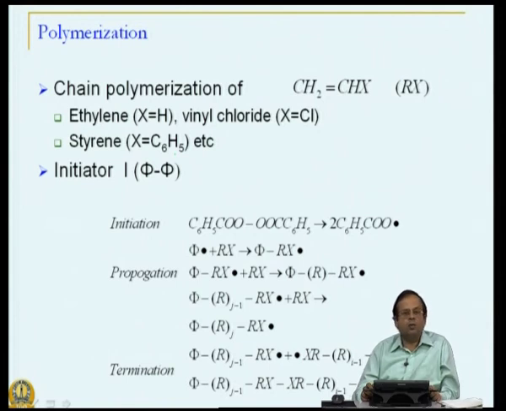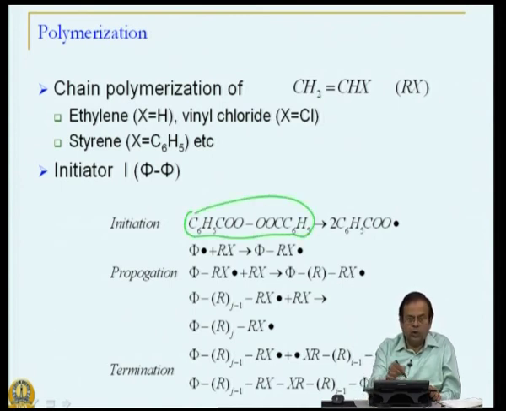So, all these polymers, polyethylene, polyvinyl chloride, polystyrene and several others, can be represented in polymerization reactions by looking at the monomer as CH2 double bond CHX, and initiators for such polymerization reactions, there are several. It can be even light energy, but there can be chemicals also like benzoyl peroxide, which is shown over here.